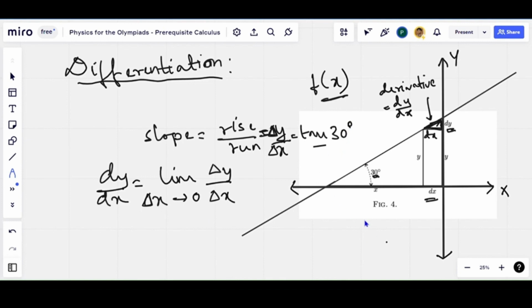So tan 30 is equal to y by x. Now we know tan 30 degrees is equal to 1 over root 3. So here dy by dx, or the slope, is equal to 1 over root 3.